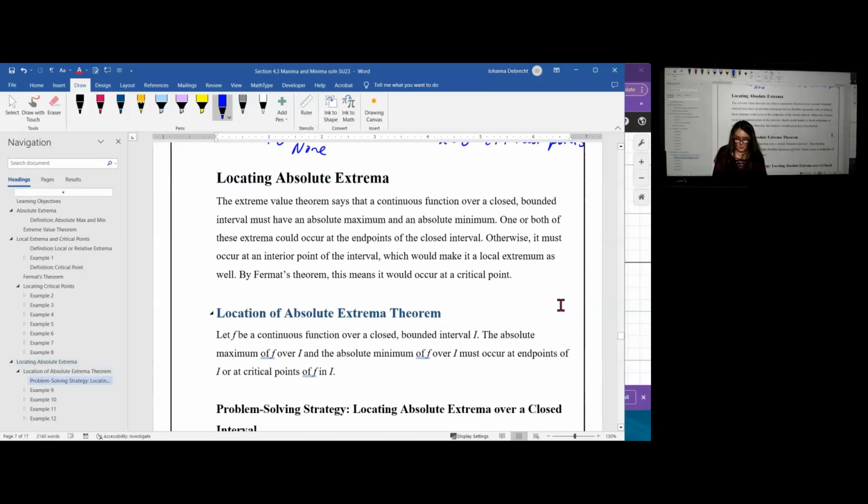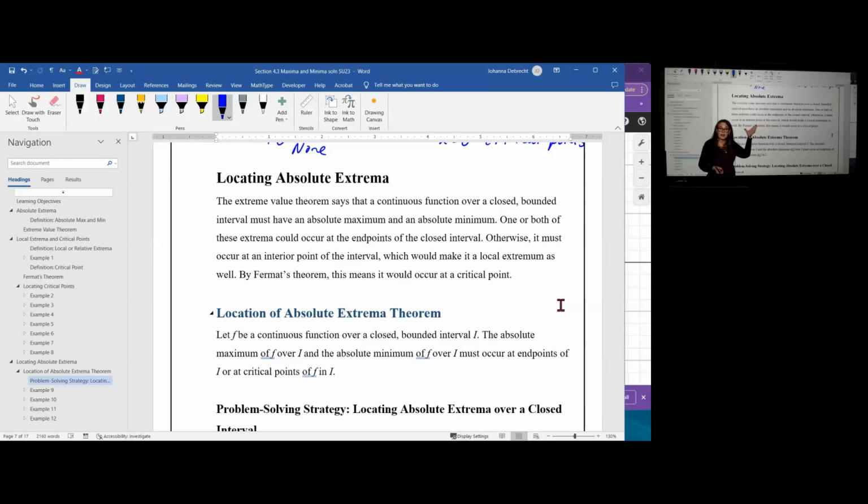Let's talk about locating these absolute extrema when they exist. The extreme value theorem says that if I have a continuous function over a closed and bounded interval, there must be an absolute maximum and minimum on the closed interval. It could be at A or at B, the endpoints of the interval. Otherwise, it must occur at an interior point of the interval, which would make it a local extrema as well.